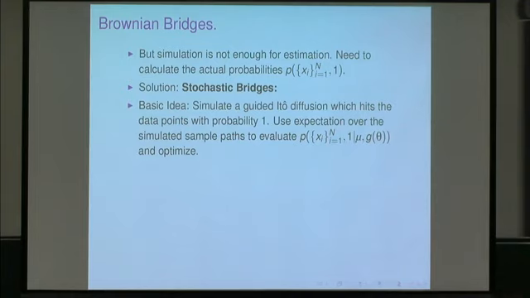You want to simulate an Ito diffusion which hits the data points with probability 1. And you use the expectation over the sample paths to evaluate the transition probability at time point 1. Once we have this evaluation, we can simply take the gradient of this probability with respect to mu and the parameters of the metric to optimize.